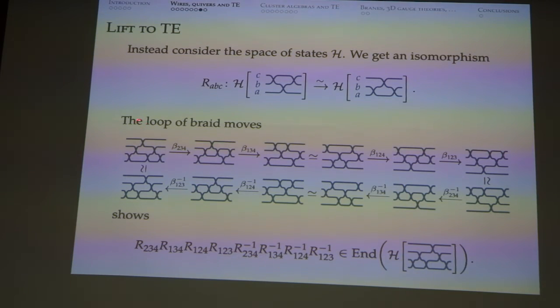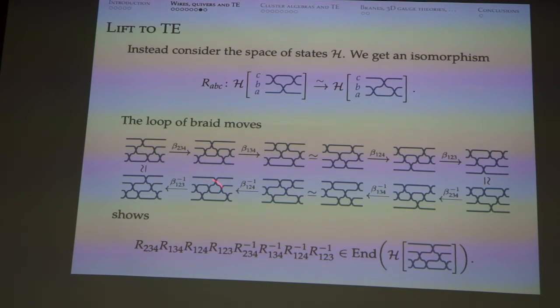Okay? But now there's something very interesting. If you look at this particular wiring diagram, this is a wiring diagram with 4 wires, and this actually corresponds to a reduced expression of the longest element of the Weyl group of A3. And then there's actually a sequence of braid moves you can apply. That consists of 8 braid moves, 4 braid moves and 4 inverse braid moves.